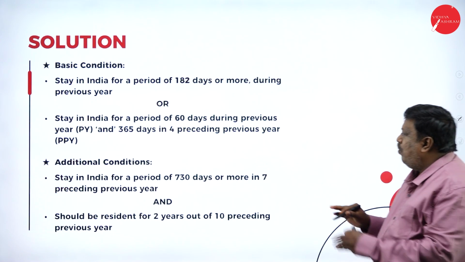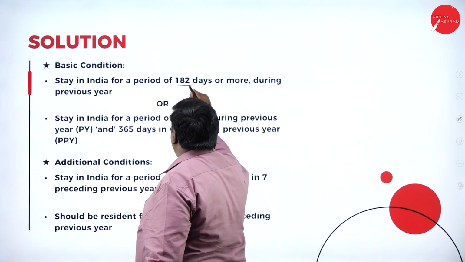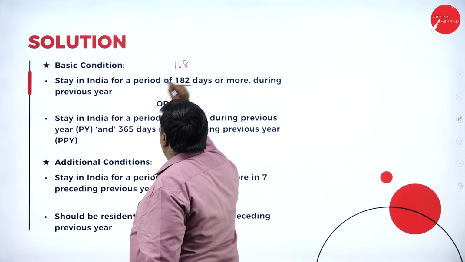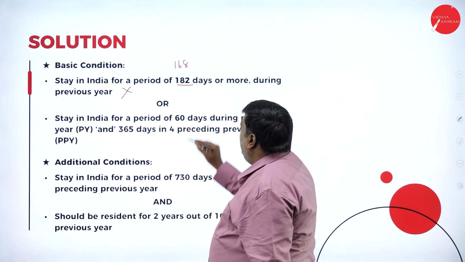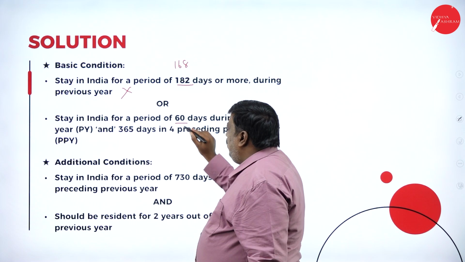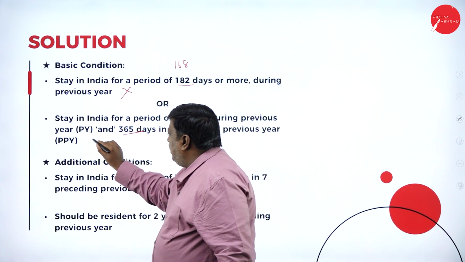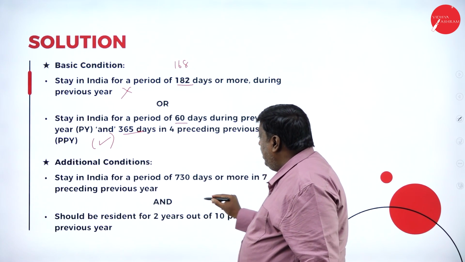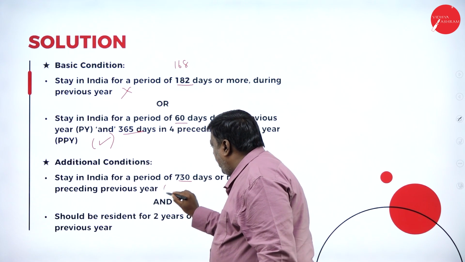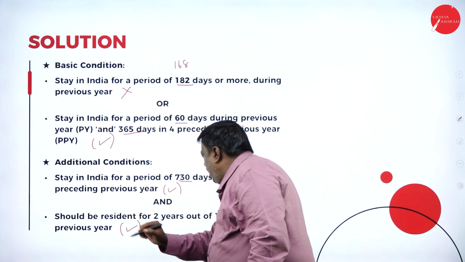But now, what was my first basic condition? I should stay in India for 182 days, but I stayed here for 168 days, so I couldn't satisfy my first basic condition. But I should be there for 60 days during the previous year and 365 days in the preceding years. I've satisfied that. The second basic condition was satisfied here. Additional condition, first one, 730 days, I've satisfied. 2 years resident out of 10 years, I've satisfied.